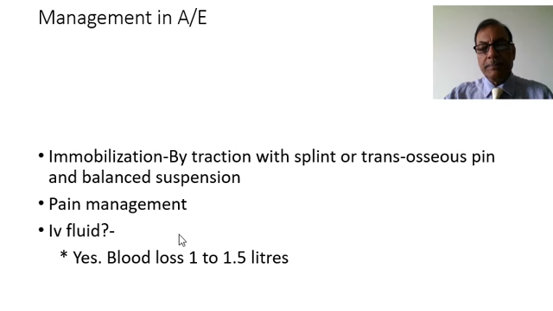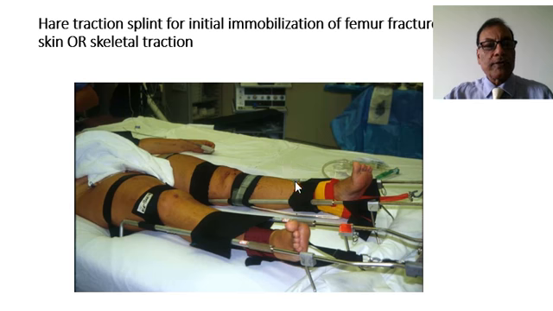And IV drip is to be given because blood loss is quite significant, 1 to 1.5 liters in a closed fracture. There are some Hare traction splints available, so this can be applied and the patient can be transported as well many times, but usually before the skin traction or skeletal traction, this is the way you apply it.